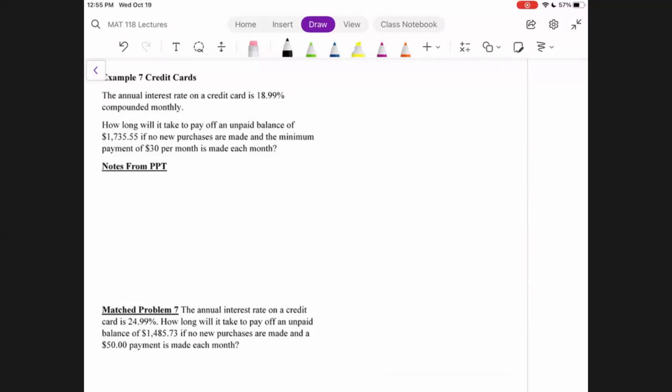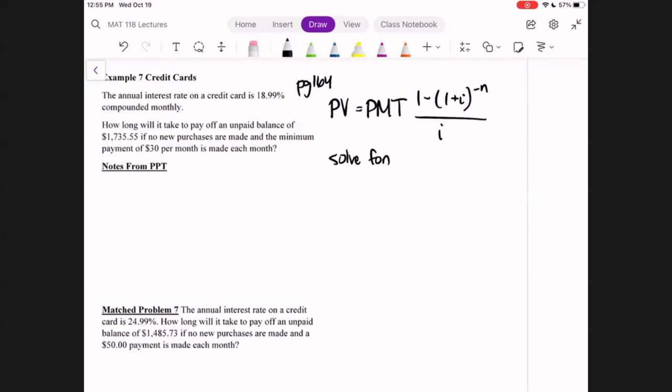There is a quick and easy formula for this. You can see this in the book. I won't go through all the derivation because I know sometimes it can be kind of confusing. You have this formula: present value equals payment, and this is on page 164, times 1 minus 1 plus I to the minus n, over I. They go through some derivation of how to solve for n, so you can check the book.